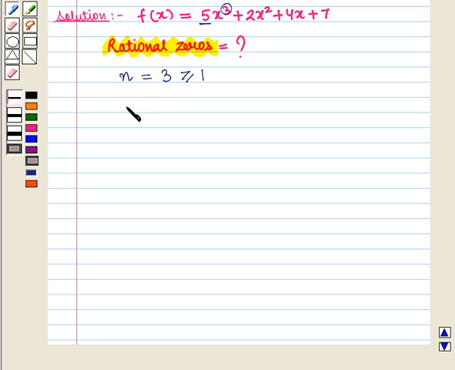The leading coefficient aₙ is 5, the constant term a₀ is 7, and we see that all the coefficients are integers.